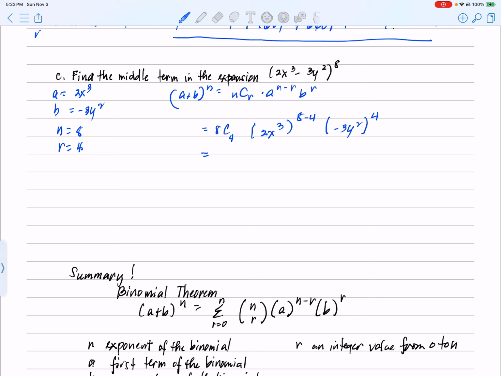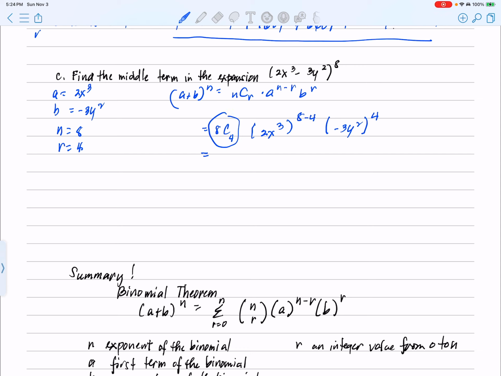Okay, so this would become, let's use a factorial here. 8 choose 4.